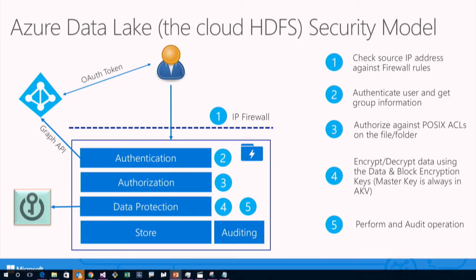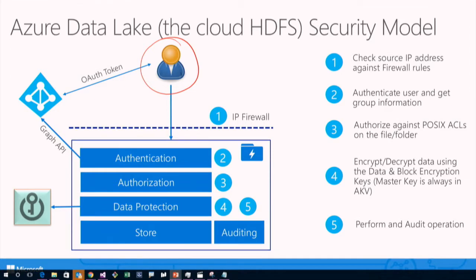Now, what you see over here is a schematic diagram of how the security flows for the data layer in the cloud. Essentially, there is a user. This user has an identity. They have some presence inside of the enterprise Azure Active Directory.